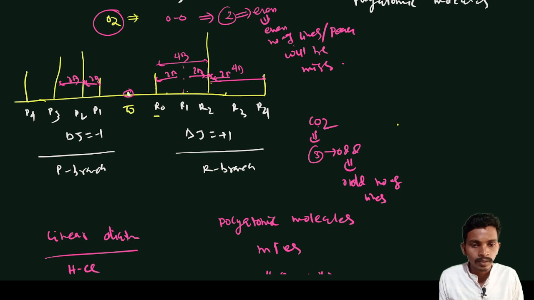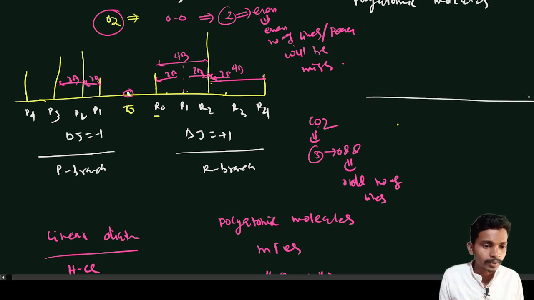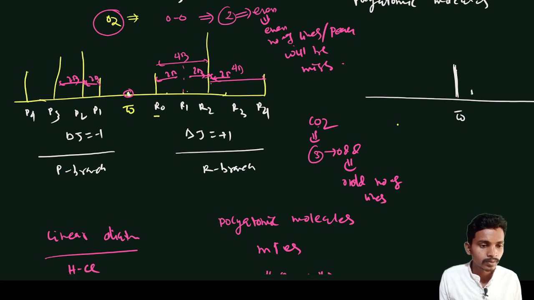To understand, I will draw a little bit bigger one. So this is omega naught. Let's say this is R0, this is R1, this is R2, this is R3, this is R4.